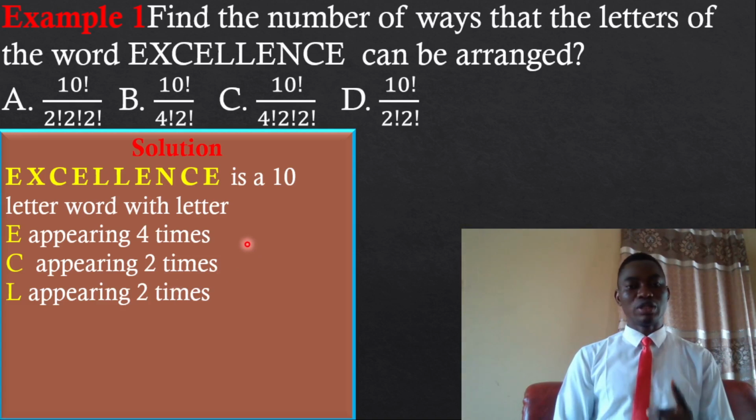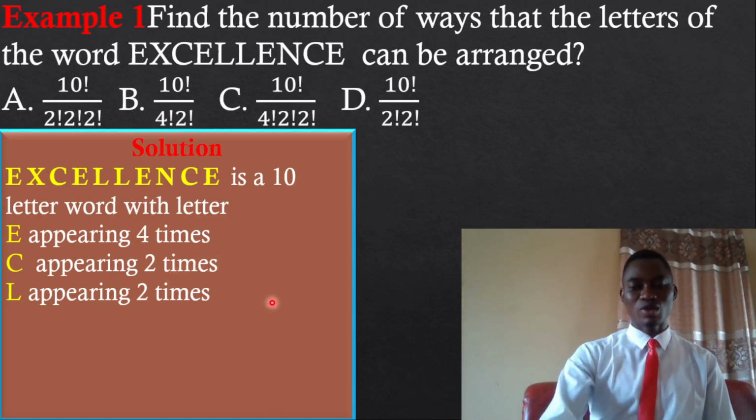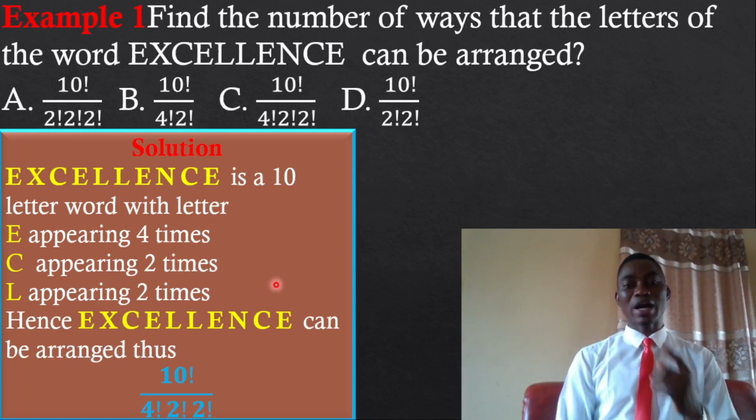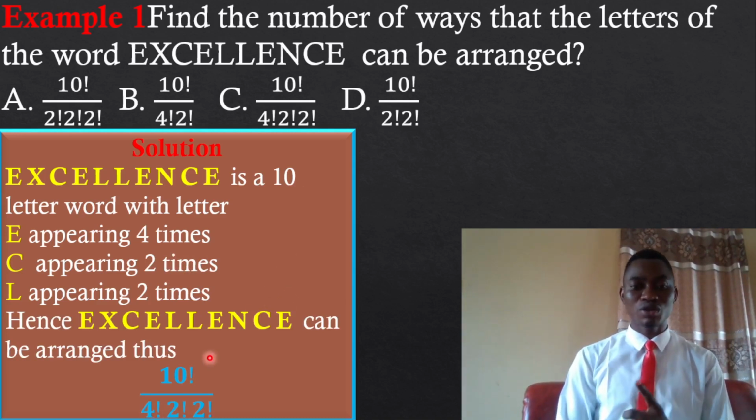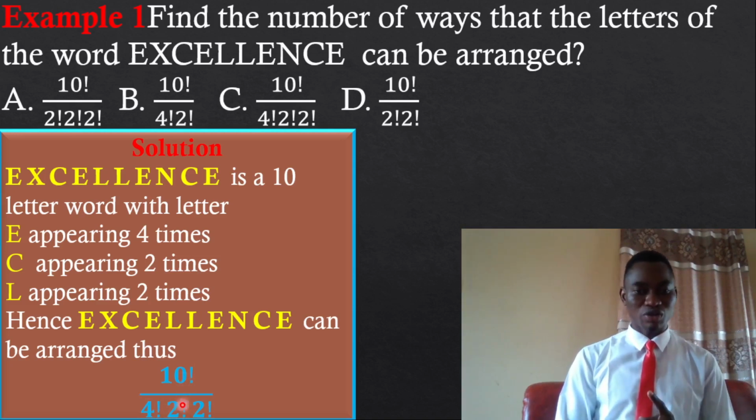So the factorials of the number of times they appear are going to serve as factors in the denominator of 10 factorial. Let's look at it. So our answer is going to be 10 factorial upon 4 factorial times 2 factorial times 2 factorial.